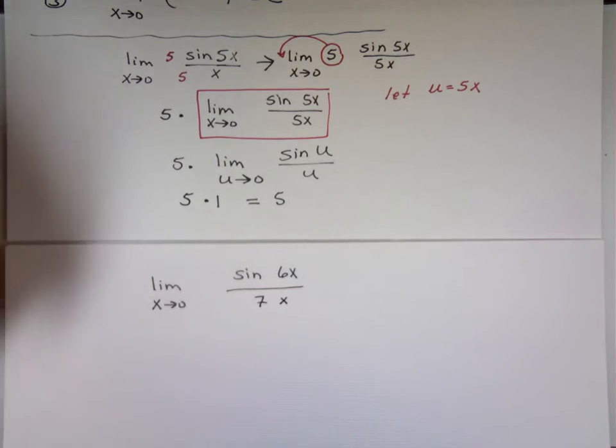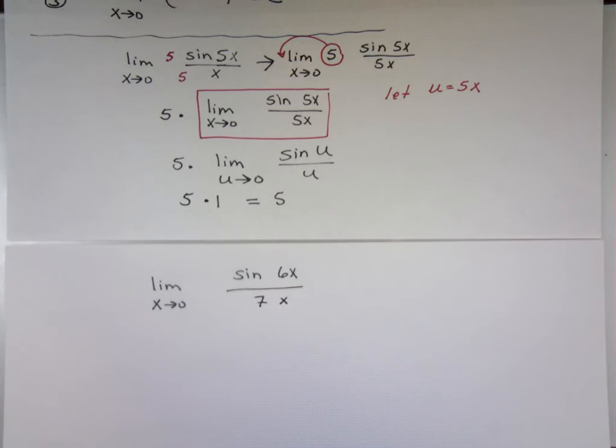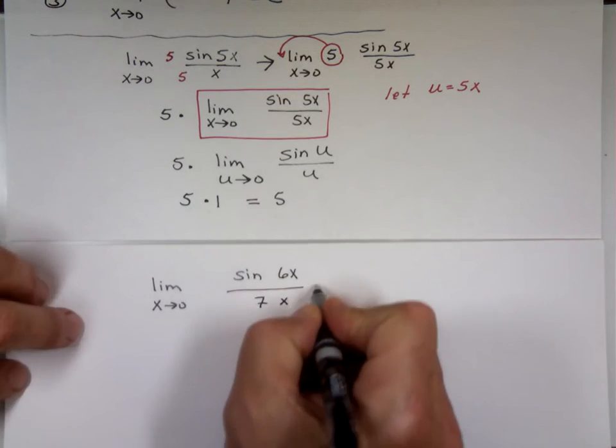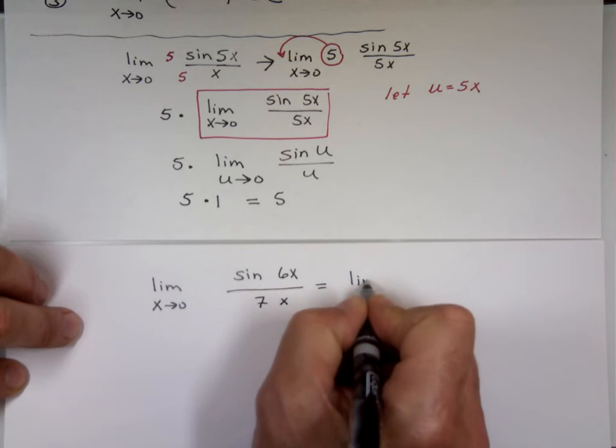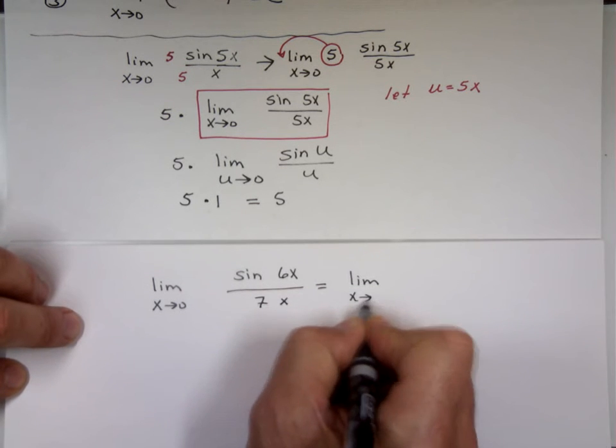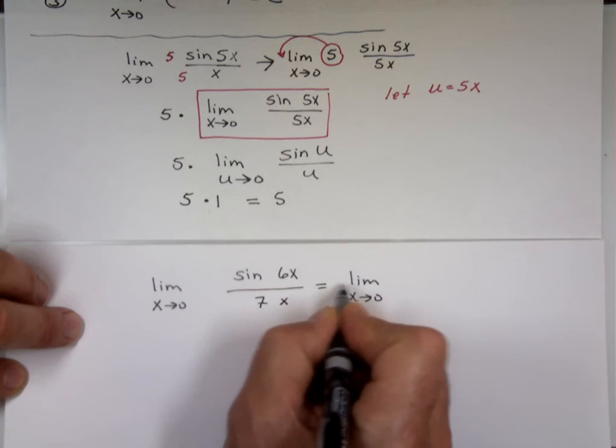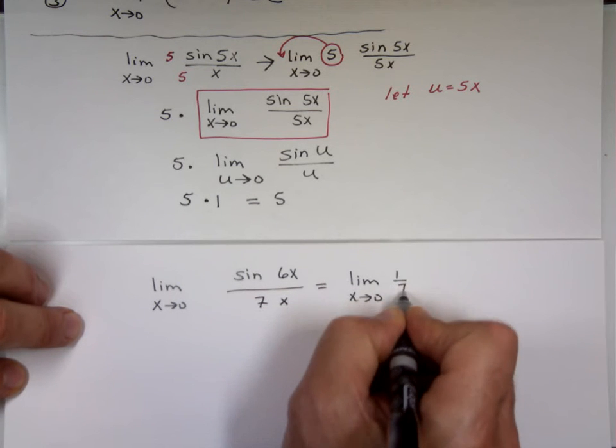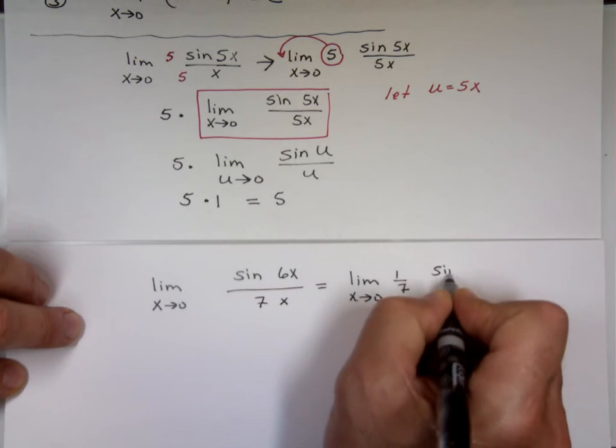I go, darn it, I don't like that 7 there in the bottom. Well, I can write that the limit as x approaches 0 of 1/7 times sine of 6x over x.